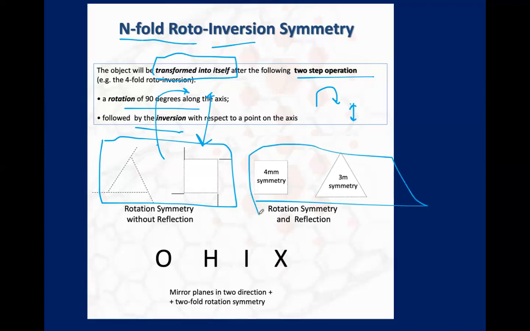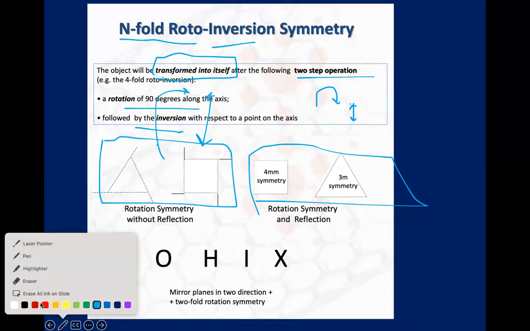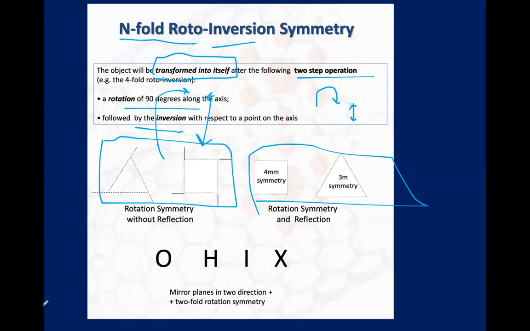So what do you think, after this rotation and inversion, what is shown here? You have the triangle here. Again, you have the triangle here. You have the square here in the same orientation, right? The same orientation, there is no upside down.